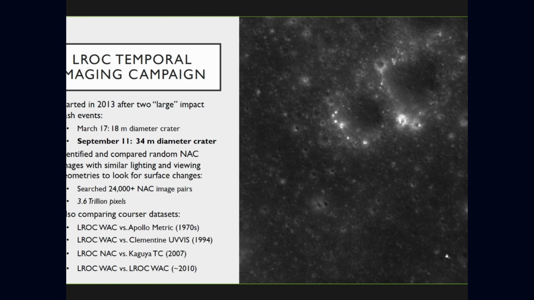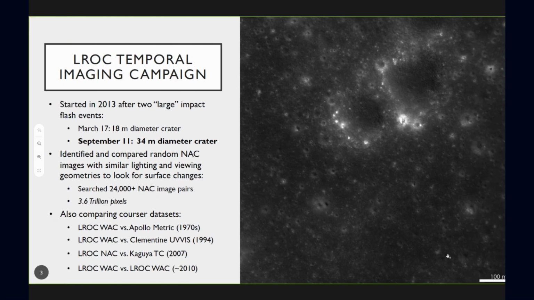And we're also doing other searches where we're looking for new impact craters that have formed since the Apollo mission, since the Clementine mission, since the Kaguya terrain camera observations, as well as comparing WAC mosaics to other WAC mosaics, getting us an idea of the rate of larger impacts on the moon.